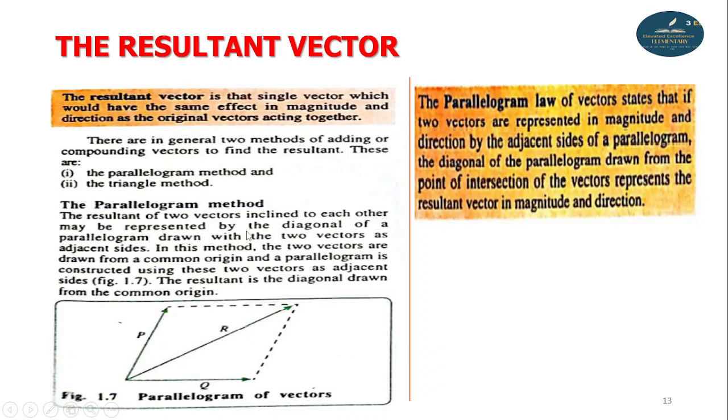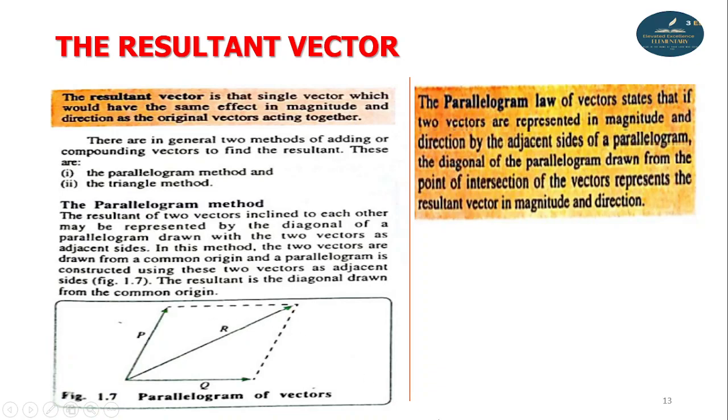In the parallelogram method, the resultant of two vectors inclined to each other may be represented by the diagonal of a parallelogram drawn with the two vectors as adjacent sides. The two vectors are drawn from a common origin and a parallelogram is constructed using these two vectors as adjacent sides. The resultant is the diagonal drawn from the common origin.